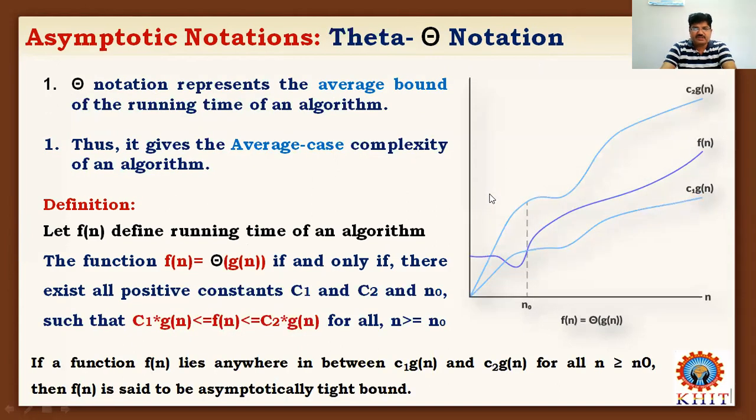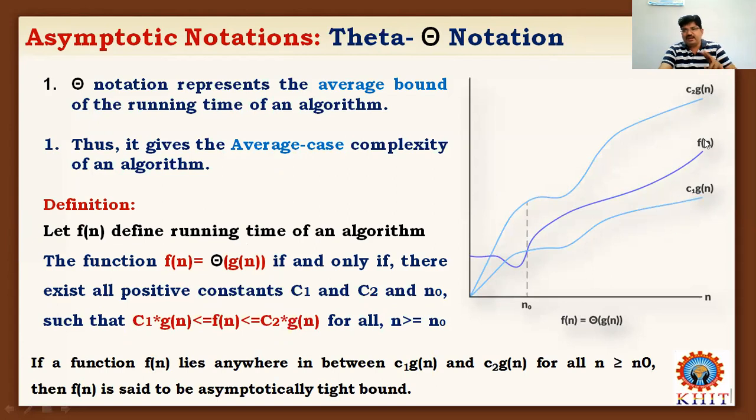And the third one is theta notation. In theta notation we use two different constants, C1 and C2. Earlier we used one constant, but here we use two constants, and g of n is the function, and f of n lies between these two constant multiples.